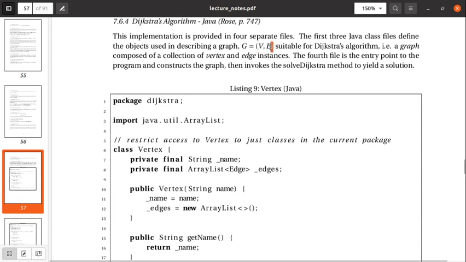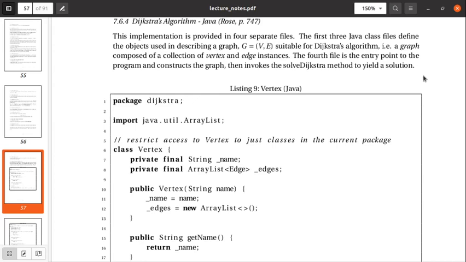You do the same thing with an edge. And then a graph will hold a collection of vertices and edges. And so it's very direct, as soon as you learn how to make that interpretation, to go from what we describe and how we discuss these problems to how we represent them in code.